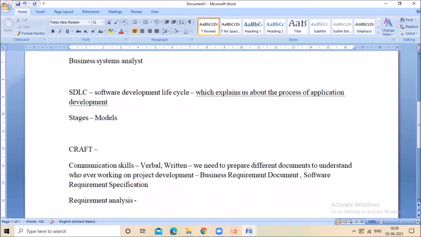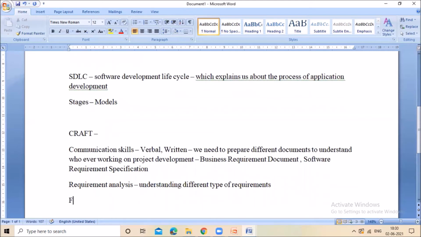This is what we call requirements analysis, which means understanding different types of requirements.